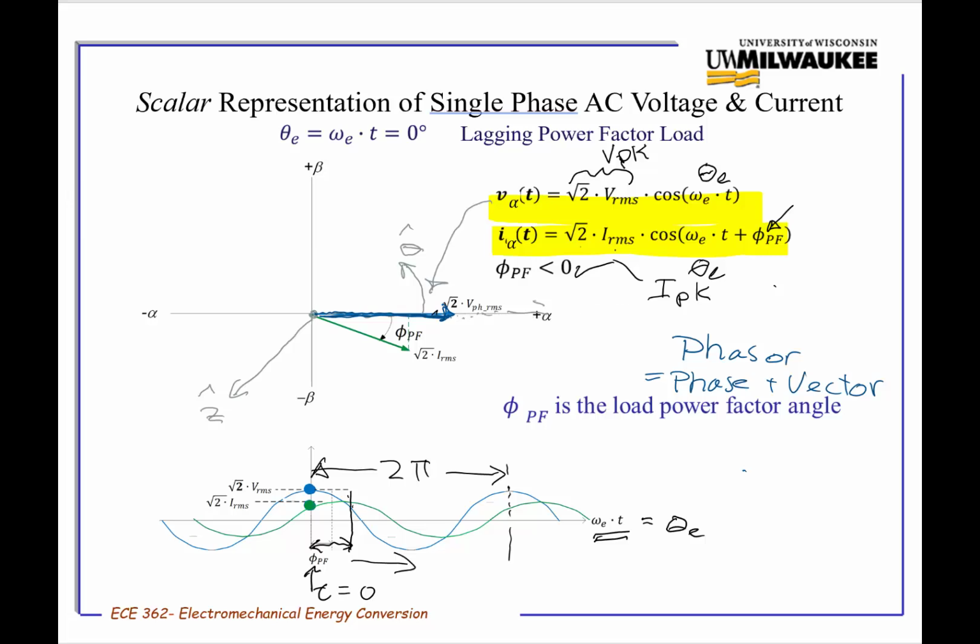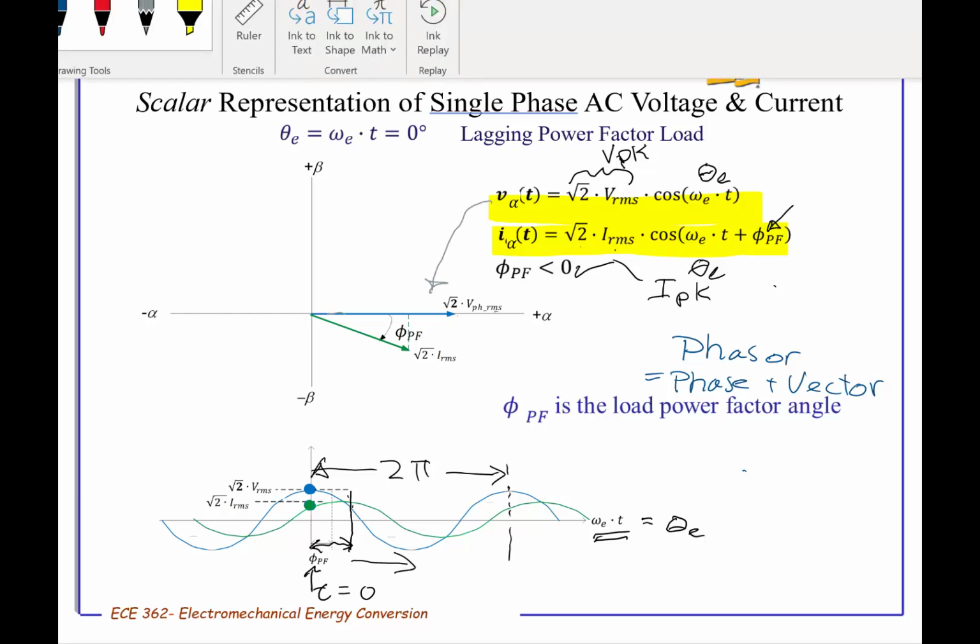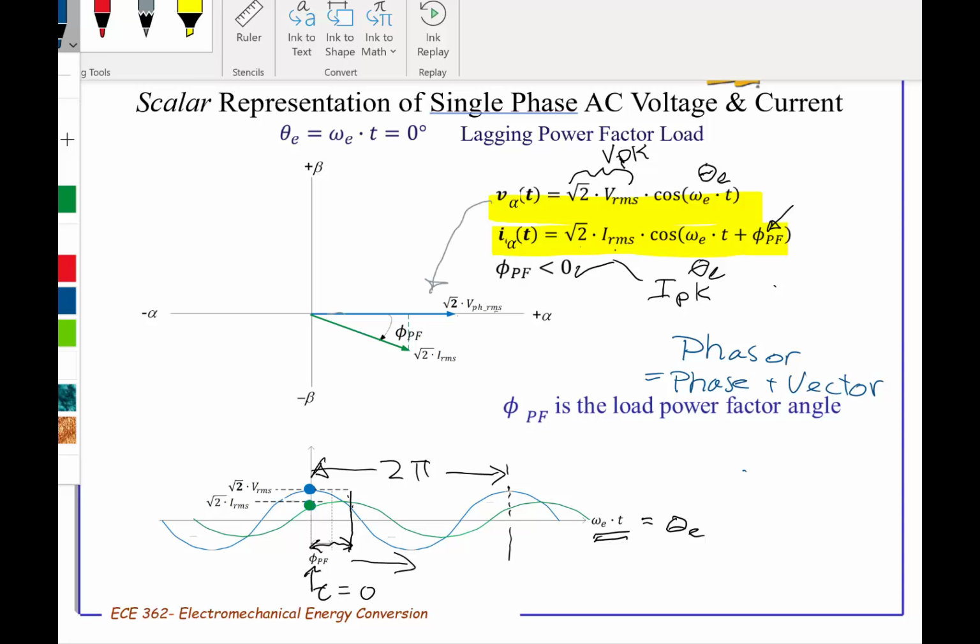I'm going to erase these cylindrical coordinates now, clean this up just a little bit. I've taken two Cartesian axes that are 90 degrees out of phase with each other and superimposed them on top of the polar coordinate frame.